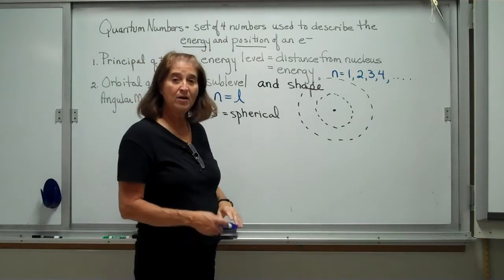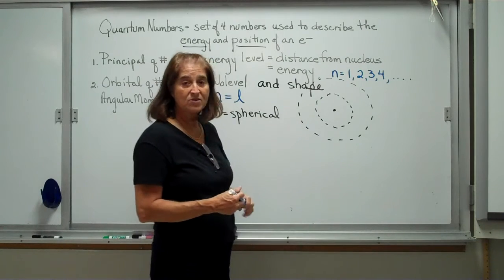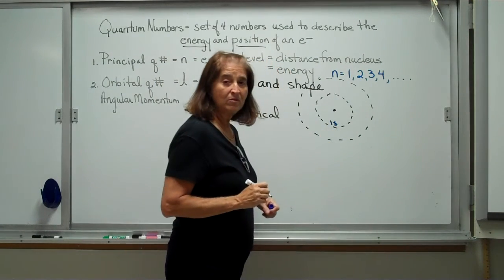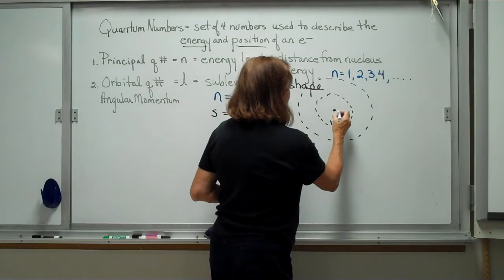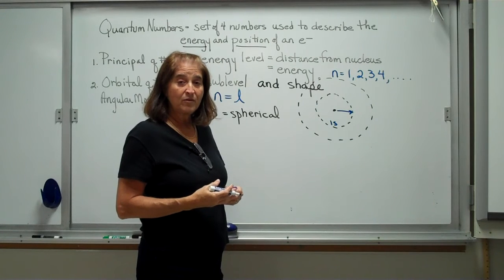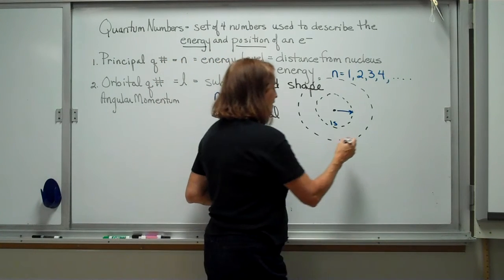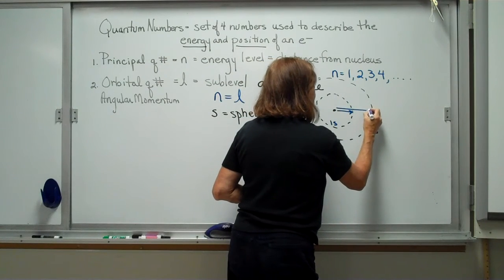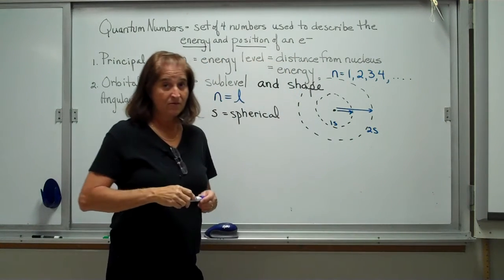So what I've drawn here might be the nucleus in the center. The closest would be a 1s sublevel. It would occur at a certain distance, a certain radius from the nucleus. And then we would have the 2s sublevel, which would be found at a greater distance from the nucleus.